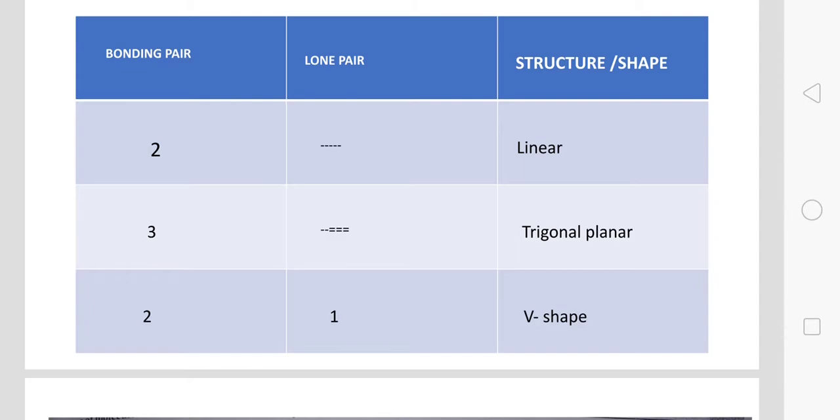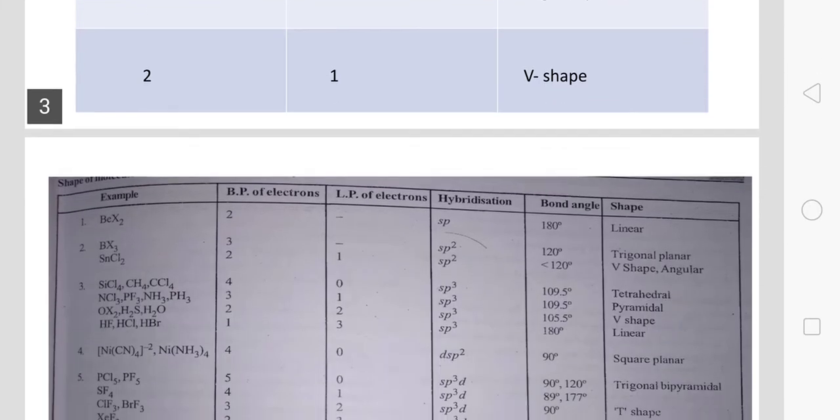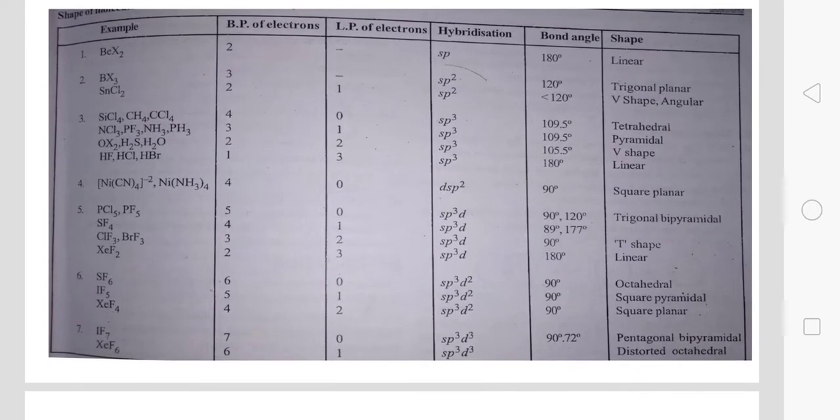Bonding pair is 3, lone pair is 0, the structure is trigonal planar. Bonding pair is 2, lone pair is 1, the structure is V shape or bent shape. I have given one table, so you can pause this slide and copy it. It is very important. By knowing this table only we can answer the questions.